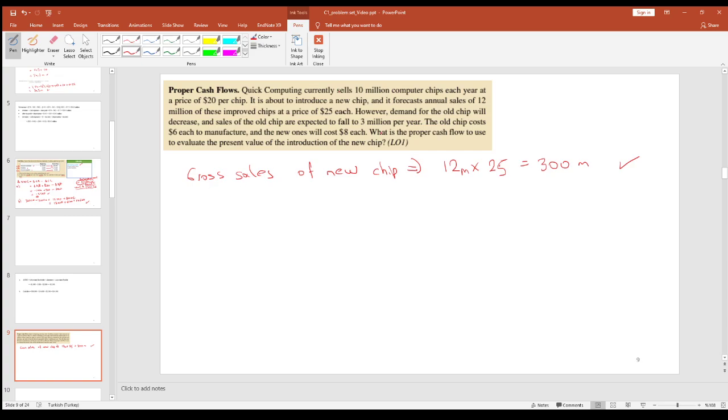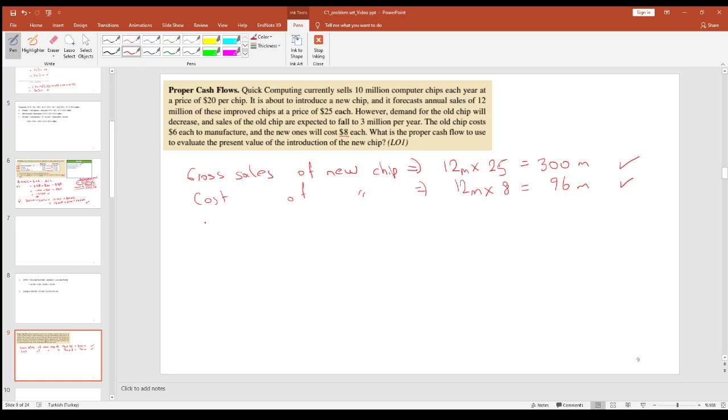Well, what is the cost of this new chip? The cost of the new chip, for 12 million, at $8 cost per new chip, is going to be equal to 96 million. So for the new chip, I will generate a gross profit equal to the difference between 300 and 96 million.